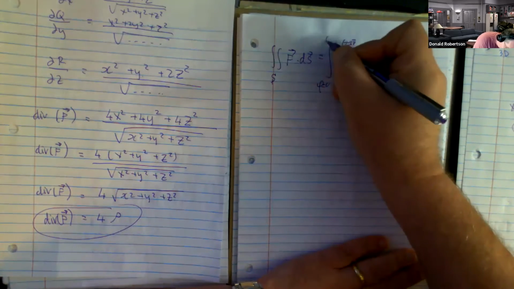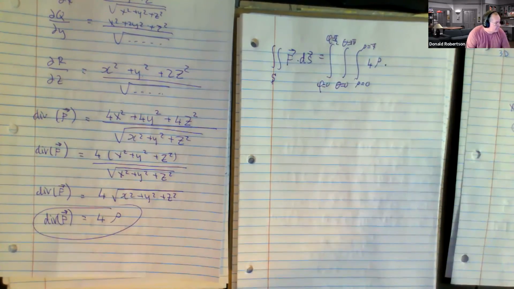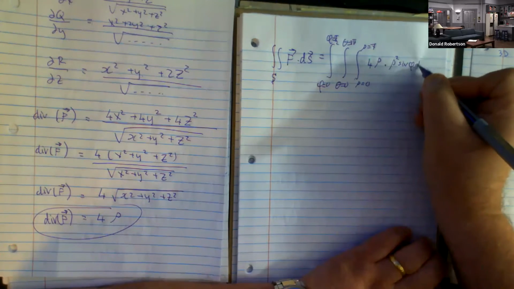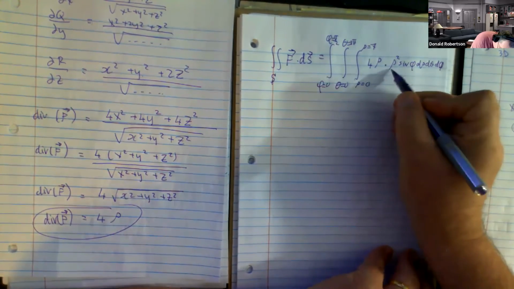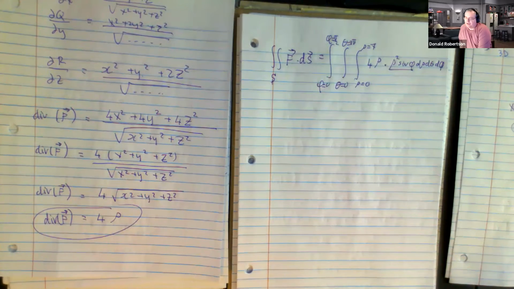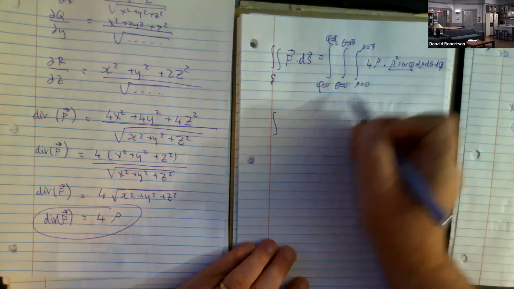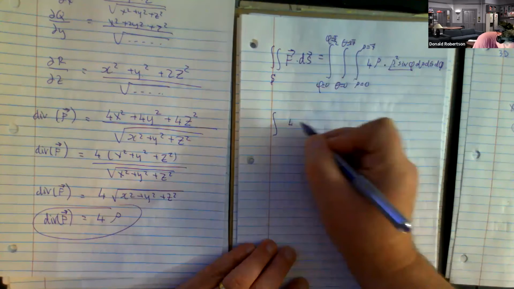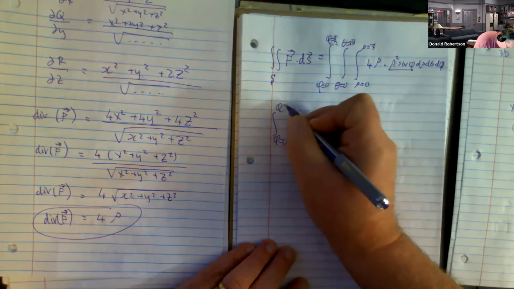Phi equals 0 to pi upon 2, check. Times, and our dV gets replaced by rho squared sine of phi d rho d theta d phi. And those two bits are like the r dr d theta thing, right? That's the two terms that you get when you do spherical. So if I put this package together, that gets me, well, let's do it in the order you've got. I've got a sine of phi, and that's going to go from 0 to pi upon 2.